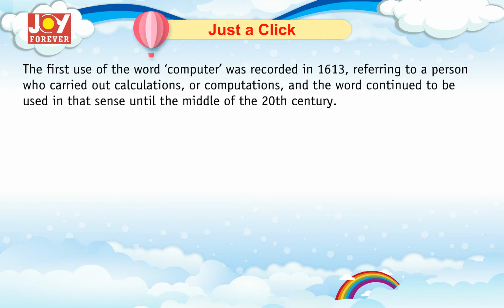The first use of the word computer was recorded in 1613, referring to a person who carried out calculations or computations, and the word continued to be used in that sense until the middle of 20th century.